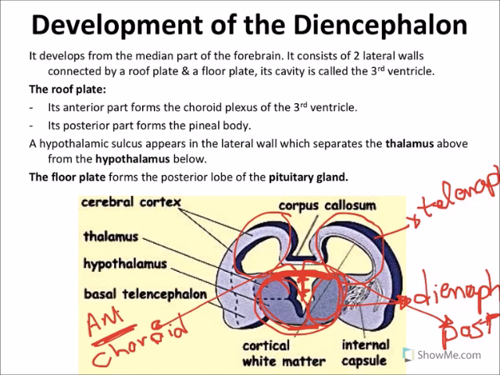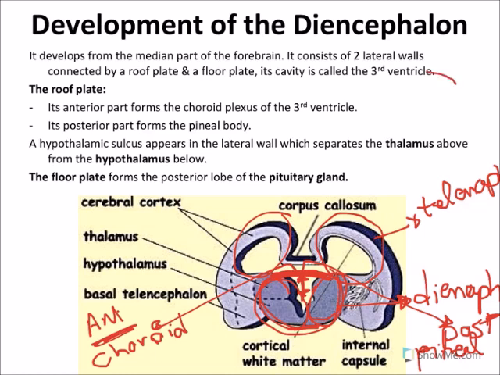While in the posterior part of the roof plate, if you remember, a structure called pineal body or pineal gland lies at the posterior end of the thalamus. This structure will be developed from the posterior part of the roof plate. And if you remember, in the sagittal section of the brain, we have a sulcus called hypothalamic sulcus.